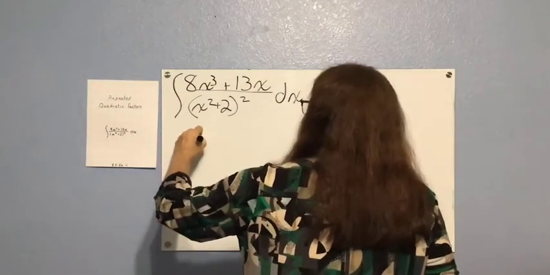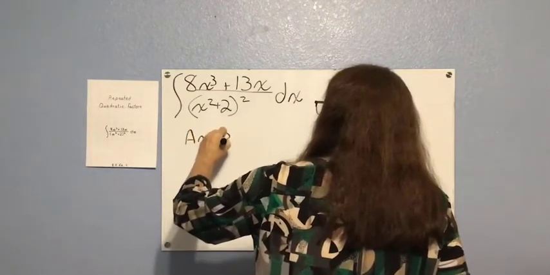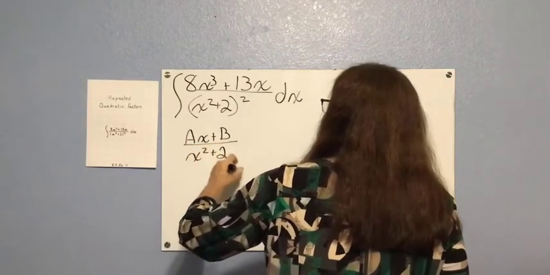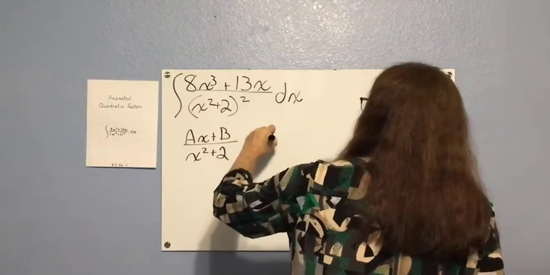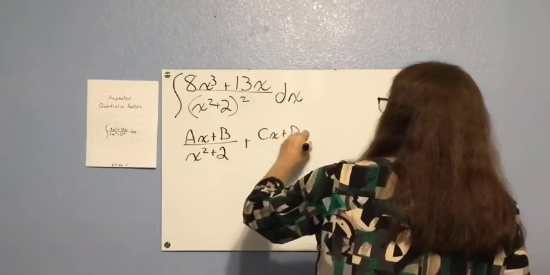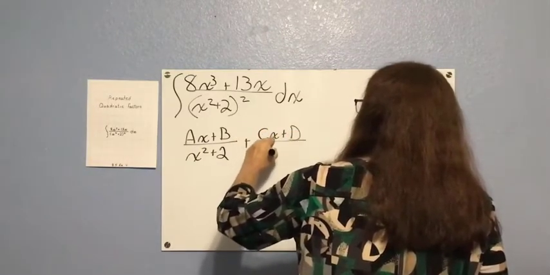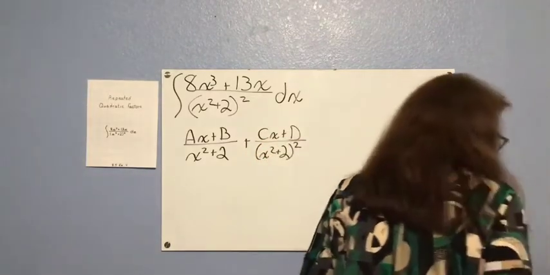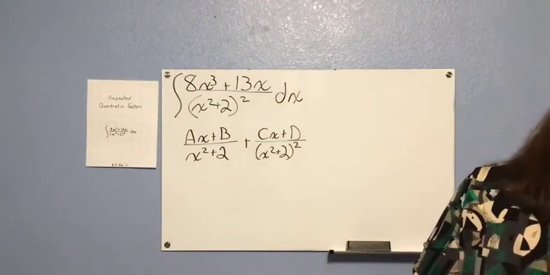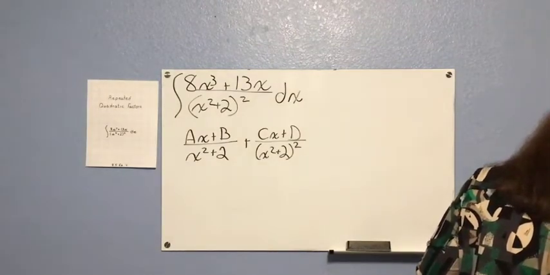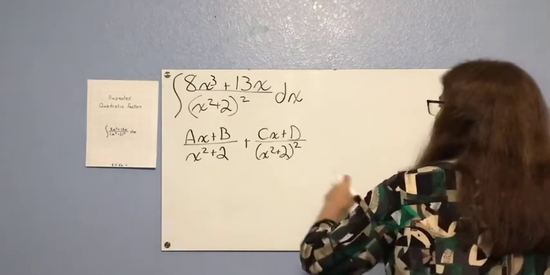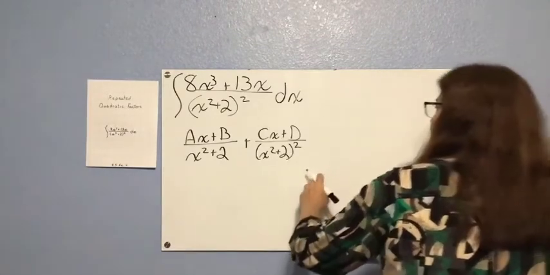I'm going to start out with ax plus b over x squared plus 2 plus cx plus d over x squared plus 2 quantity squared.